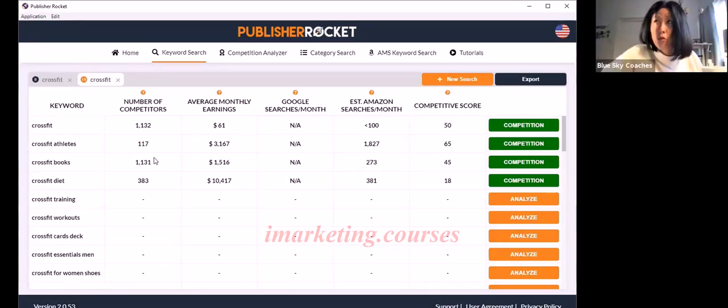Probably more one keyword phrase, because when people search, they rarely put just one word in there. So just think what you do when you are on Amazon and you're searching for a book. I probably wouldn't even put just CrossFit. I'd probably put something like CrossFit training or CrossFit something.